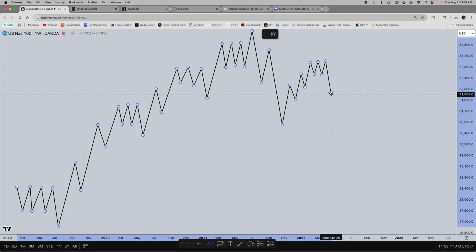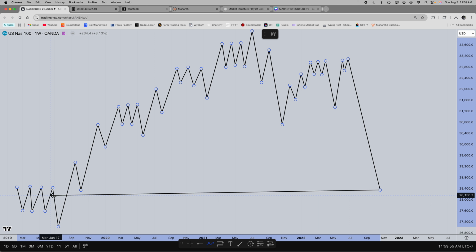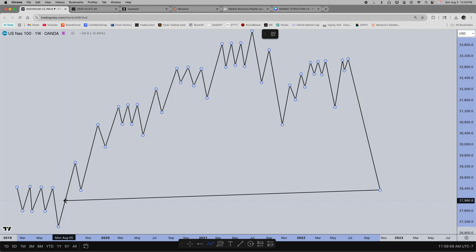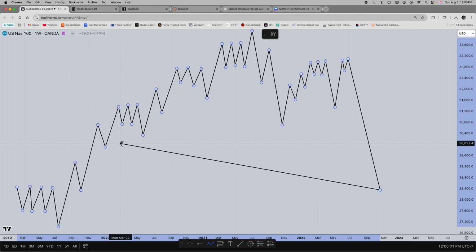Sweeps again. Sells off hard. You're like, oh. And then we come back up here. We still don't make new highs. And then we sell off again. But where do we sell off to? A previous accumulation schematic. And along this way, we're uptrending.